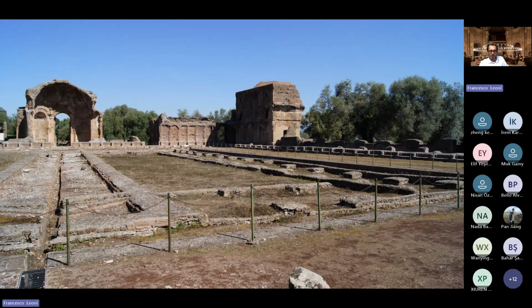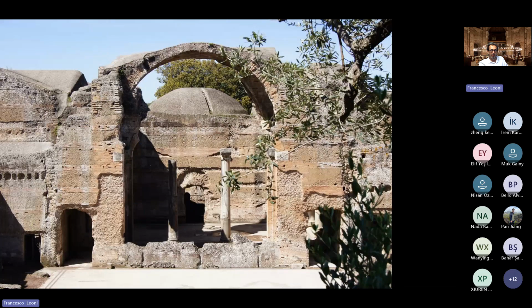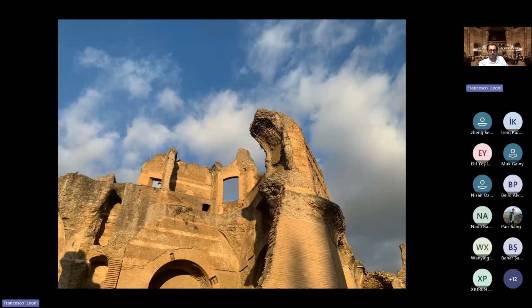This is Piazza d'Oro that used to be covered by water as well. This is the vestibule, so the entrance, the great thermal bath. Other pieces of the ruins. Again, learning from the ruins how to approach a contemporary architectural project.